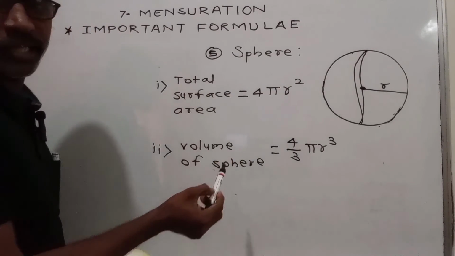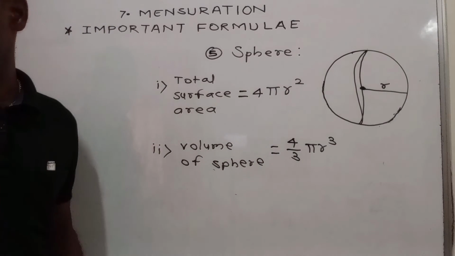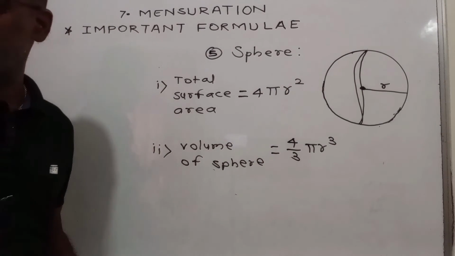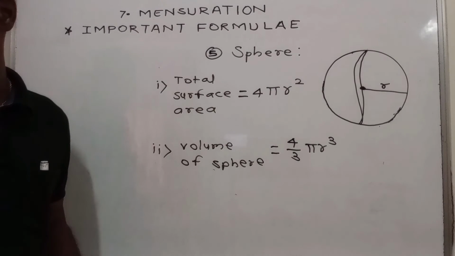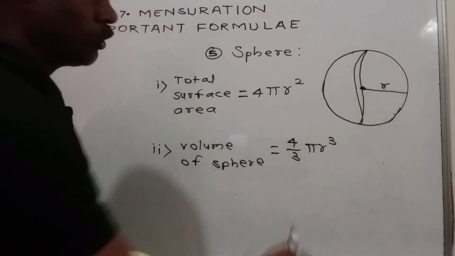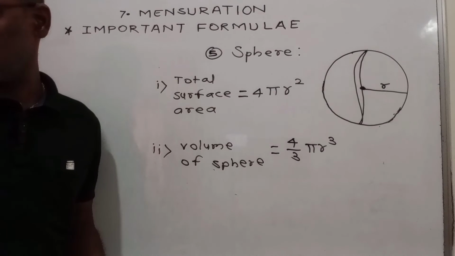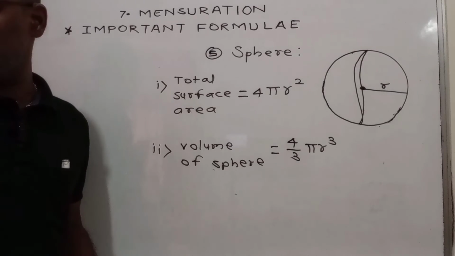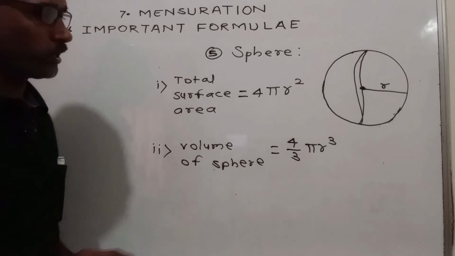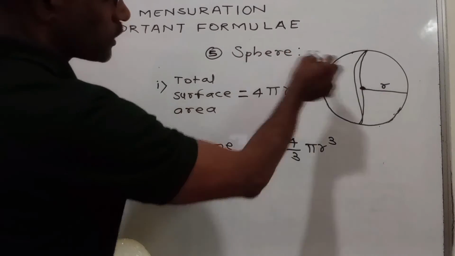Now surface area or area is always in square unit, meaning centimeter square or square centimeter, square meter, square kilometer, like this. And volume is always in cubic unit or unit cube, meaning centimeter cube or cubic centimeter, cubic meter, cubic kilometer, like that. Did you get it? These are the two important formulae for sphere.